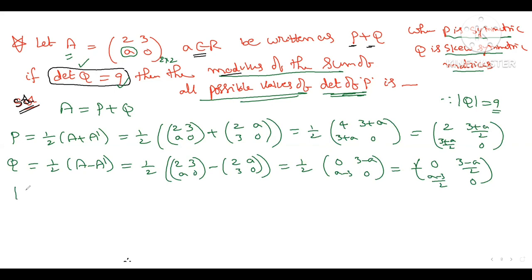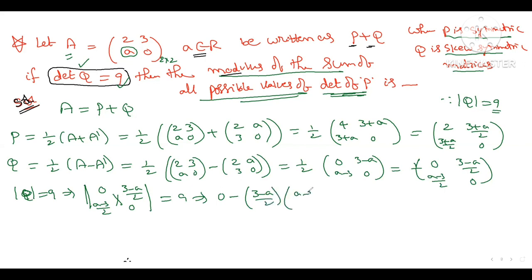From the statement, det of Q is equal to 9. The det formula is AD minus BC, so 0 minus of 3 minus A by 2 into A minus 3 by 2 is equal to 9.